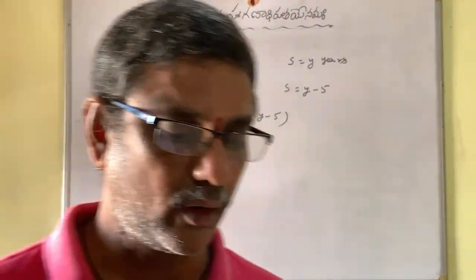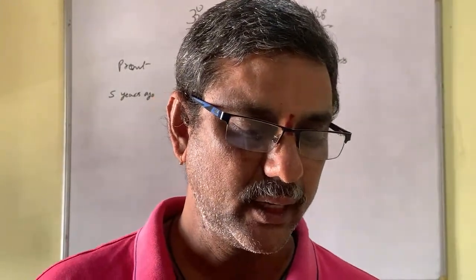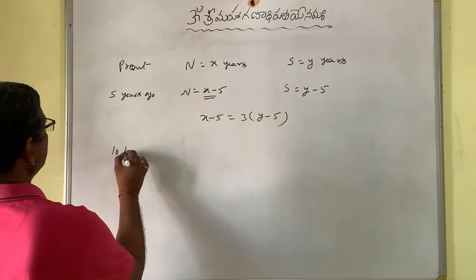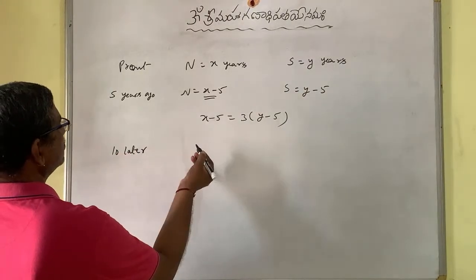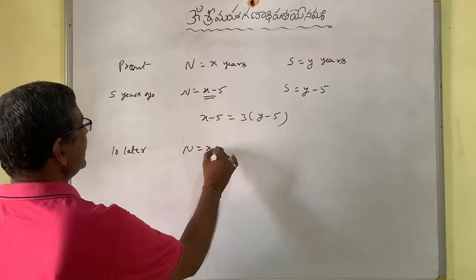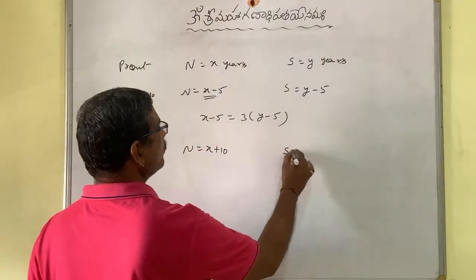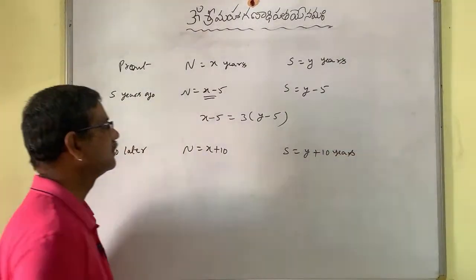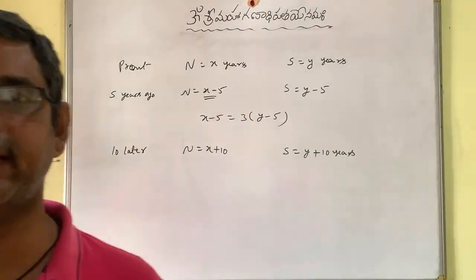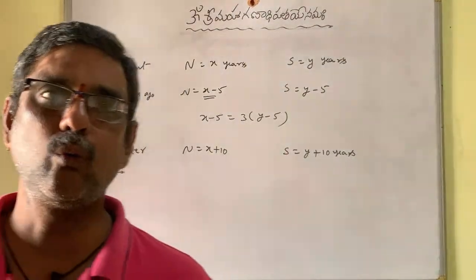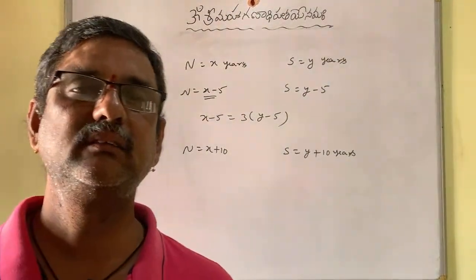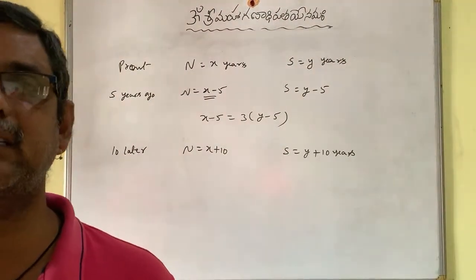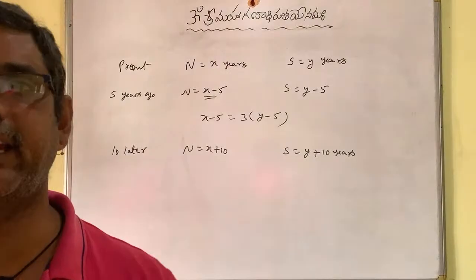Next, what is the second condition? 10 years later. That means Noori becomes X plus 10 years and Sonu becomes Y plus 10 years. At present, if Noori is X years, then after 10 years, X plus 10 years.